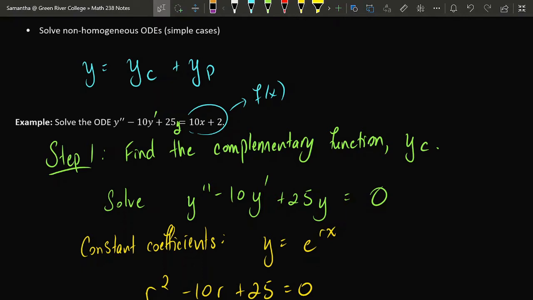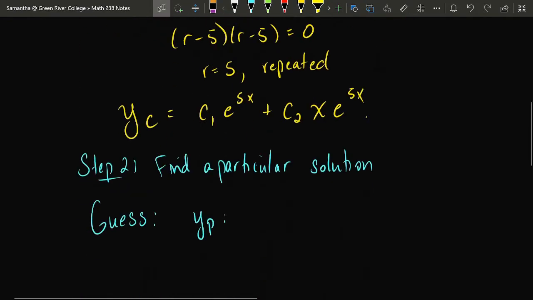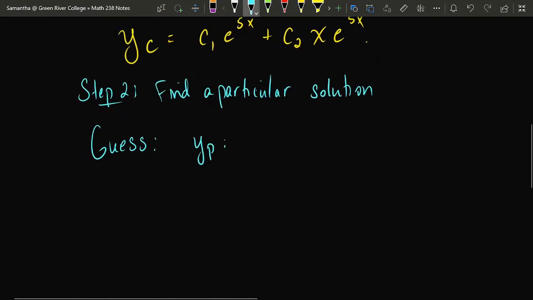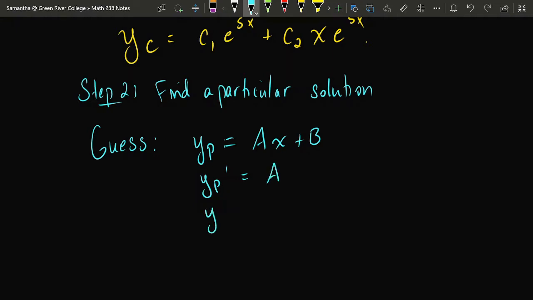In this case, my function is a polynomial of degree 1. So I'm going to make my guess another polynomial of degree 1. I'm going to guess that it's some number times x plus some number. So this would make yp prime equal to just a and yp double prime equal to just 0.